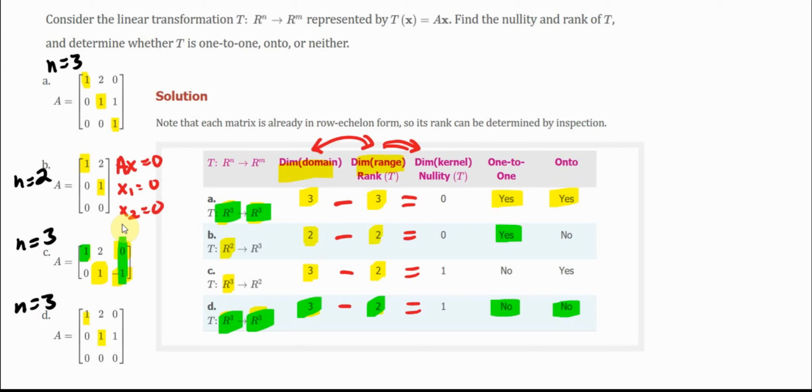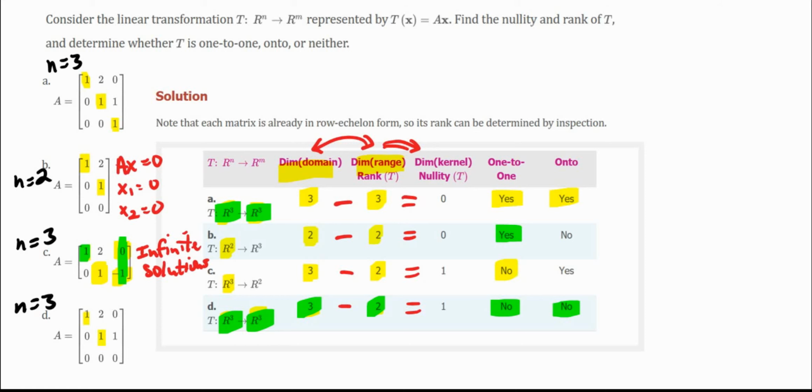So that being said, I don't get the trivial solution. I get infinitely many solutions. Since I have infinitely many solutions and not the trivial solution, you conclude that it's not one-to-one.